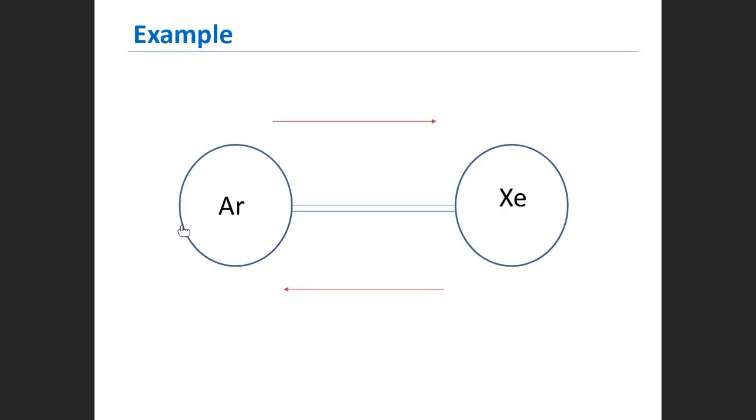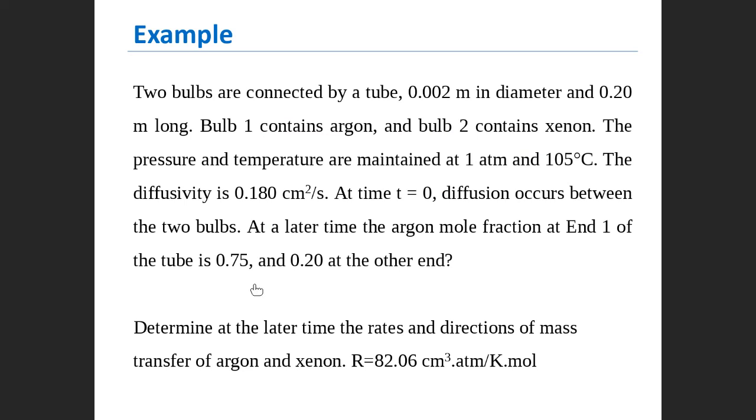So you have argon on one side, xenon on the other. You open it. So what's going to happen? You have molecules of xenon moving in this direction and argon moving in the other direction. So that's the direction, and they will mix. And what he said, at a later time, the argon mole fraction at end one, which was 100%, is 0.75.